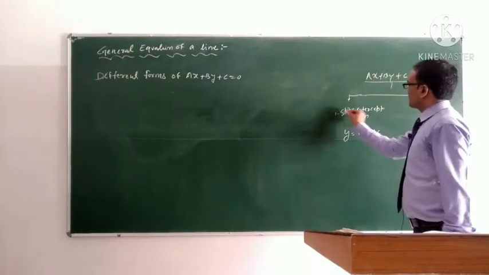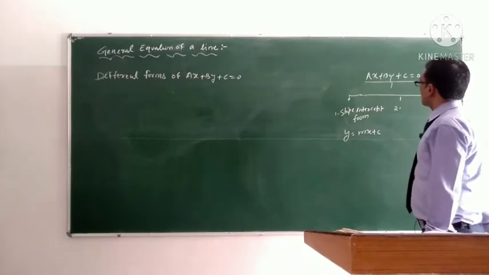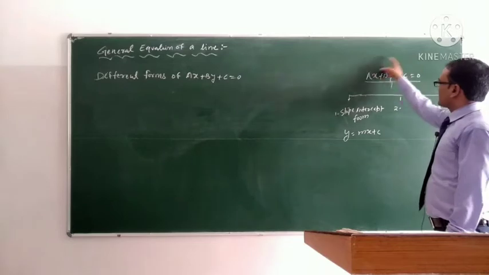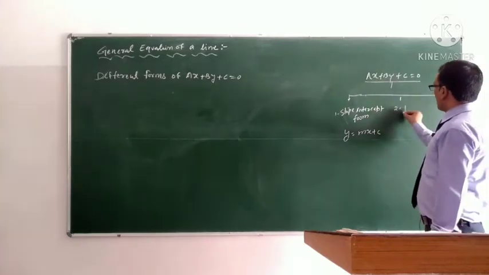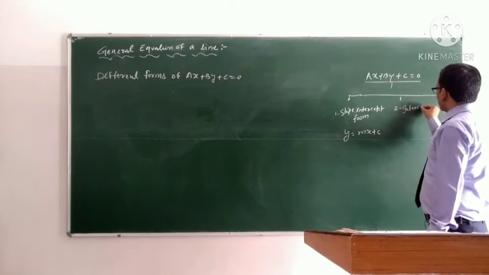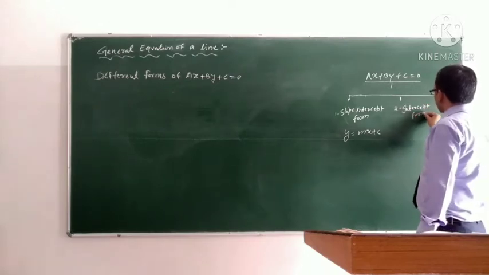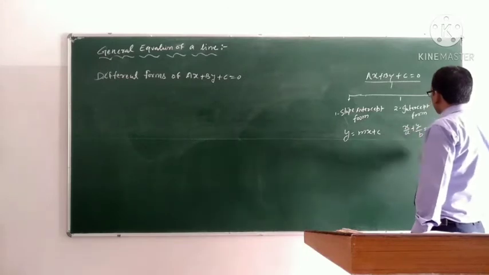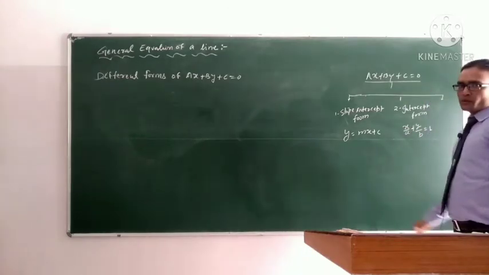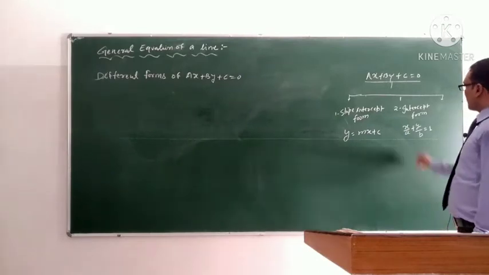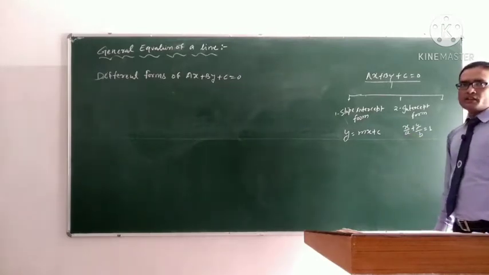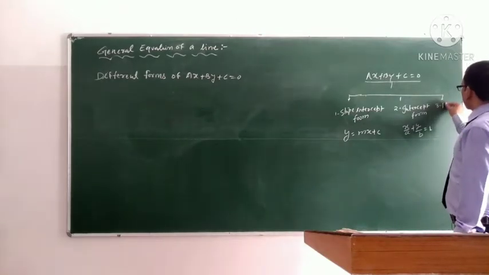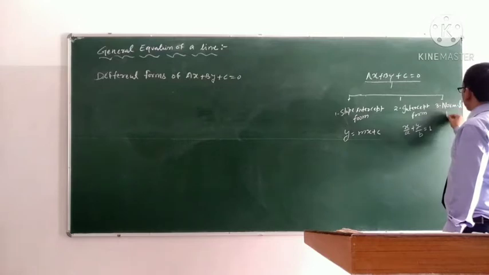Now second, we will convert the general equation of a line into the intercept form. That means x upon a plus y upon b equal to 1. Third is the normal form.